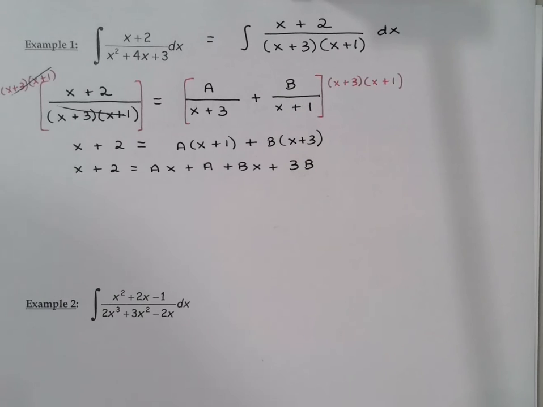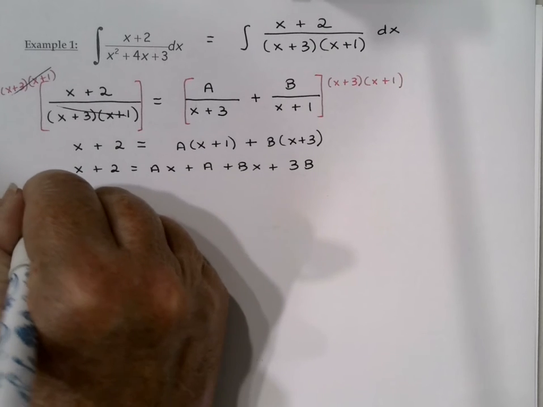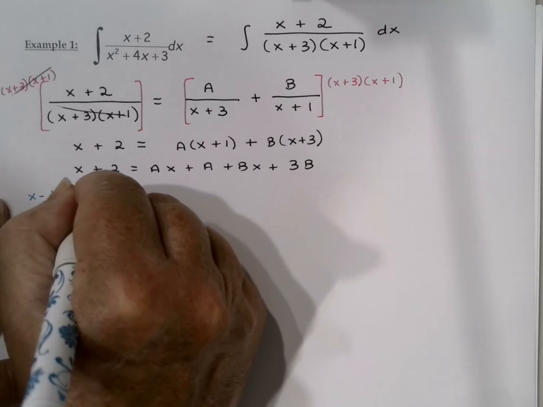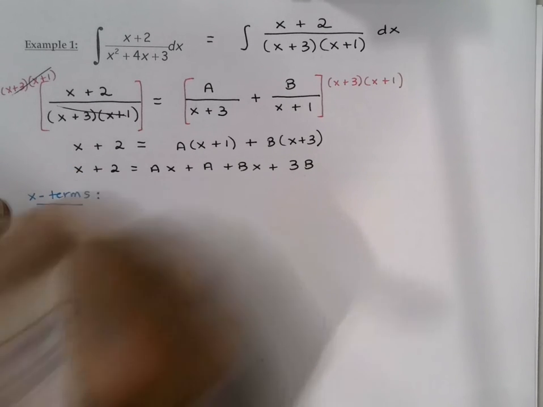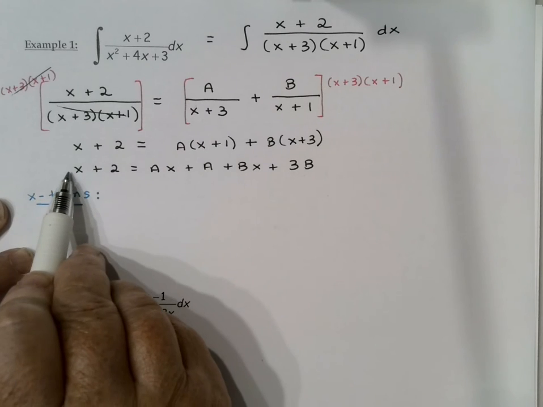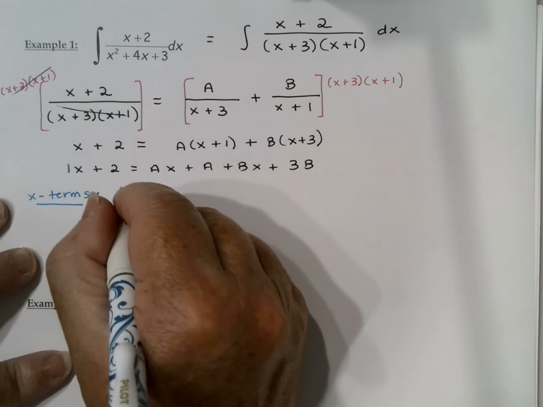There we go. And now this is sort of the crucial new step. Up till now, everything's pretty much stuff that you learned in algebra, right? Here's what we're going to need to do to solve for the a and the b. I'm going to need to take this single equation and turn it into a system of equations. And the way I'll do that is by thinking about the variables separately from the constant terms. So I'm going to start by thinking, what can I say about the x terms? Well, on the left, there's just one x.